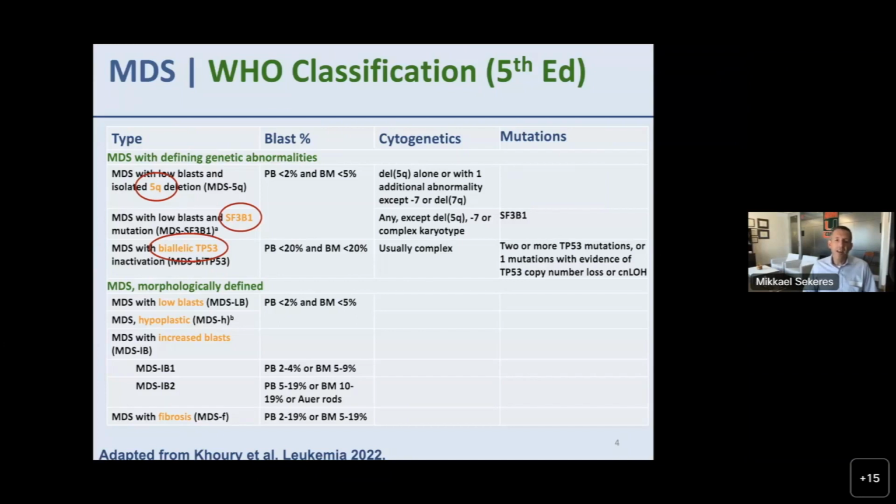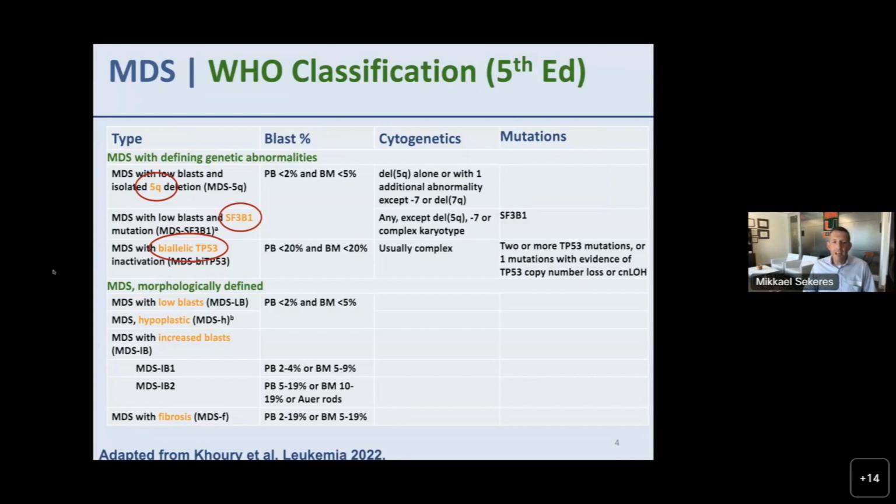Those patients who have an SF3B1 mutation, specifically the SF3B1 mutation hasn't been singled out in previous versions of the WHO, although patients with ring sideroblasts have been, so this echoes the morphology. And patients with a biallelic TP53 mutation are specifically identified and obviously have a very poor prognosis.